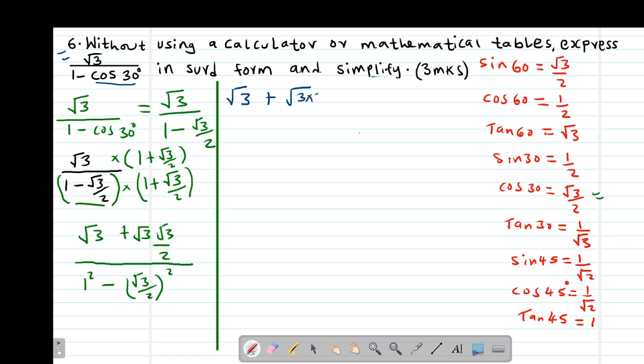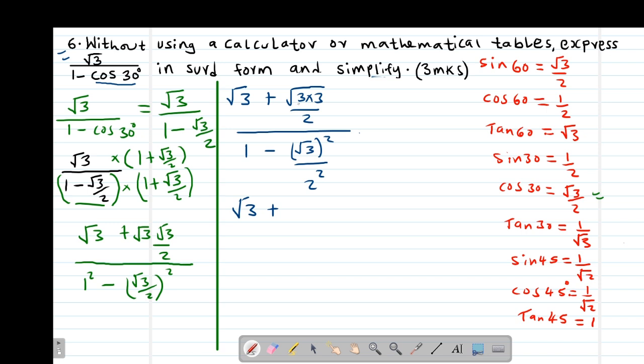So 3 by 3, the root of that. Then of course the whole thing was over 2. Then we divide with 1 squared, which is just 1. Then minus this one means you are going to take the root of 3. Then you square that part separately. Then you also take the denominator. You also square it. So this will be equal to the root of 3.